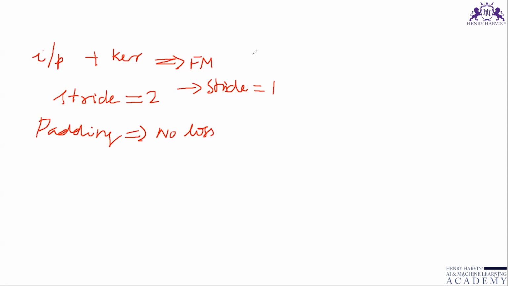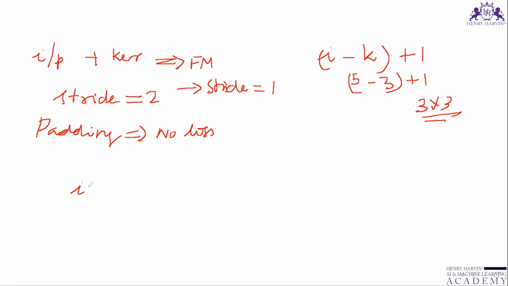So when we use input and kernel, what was the formula? Input minus kernel plus 1. We had 5, so we use 5 minus 3 plus 1. So we got 3 cross 3, that we remember. And then whenever we do padding, what formula were we using? Input minus k plus 2p, divided by s, plus 1.